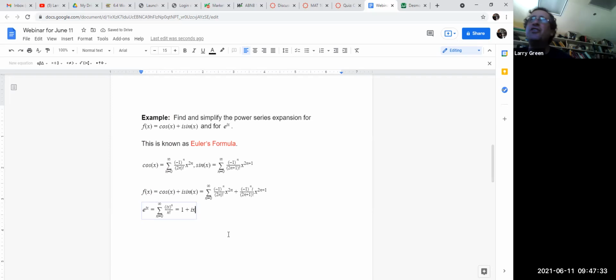If n is 2, we get i squared x squared over 2 factorial. What is i squared? Minus 1. So then we get a minus, and then a fraction, and we're going to have x squared over 2 factorial.